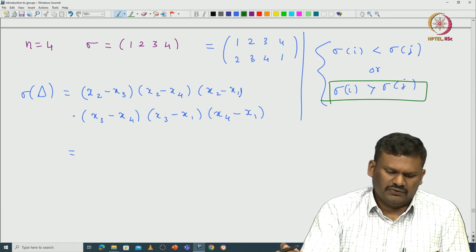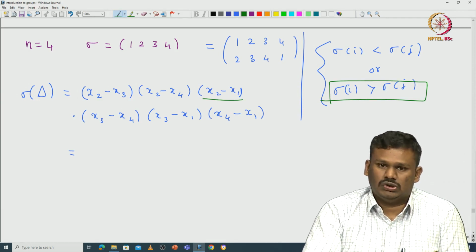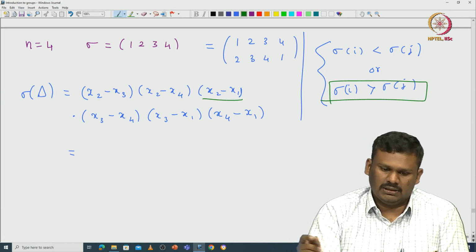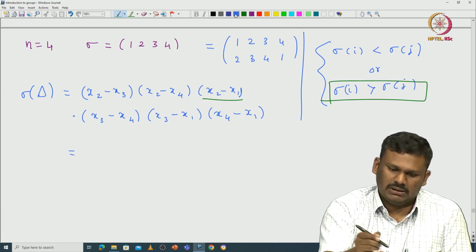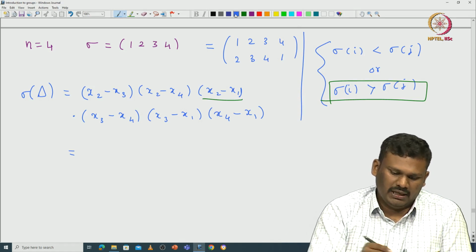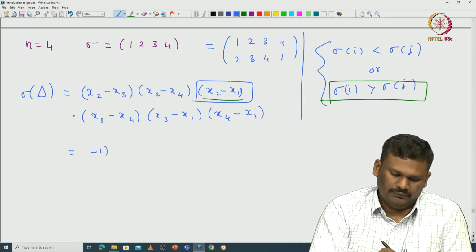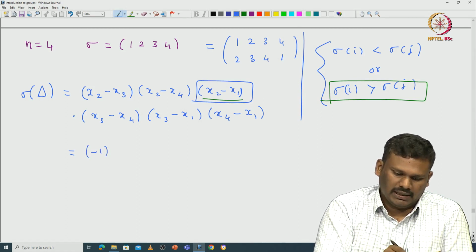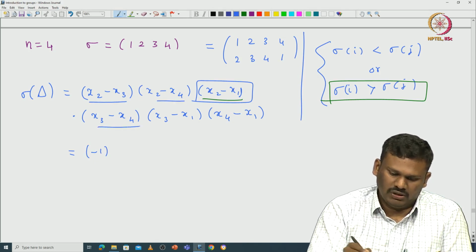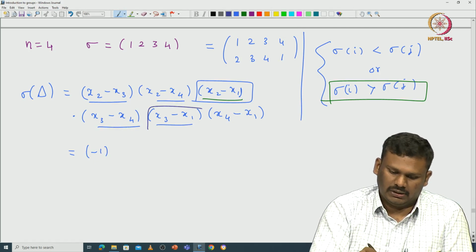For example, you can see that this x2 minus x1 is not in the correct order. So you just switch and make it the correct order, but you will be paying a cost, that is minus 1. So if you rewrite, from this you will get a minus 1, and then 2 3 is fine, 2 4 is fine, 3 4 is fine, but 3 1 again is not in the correct order.